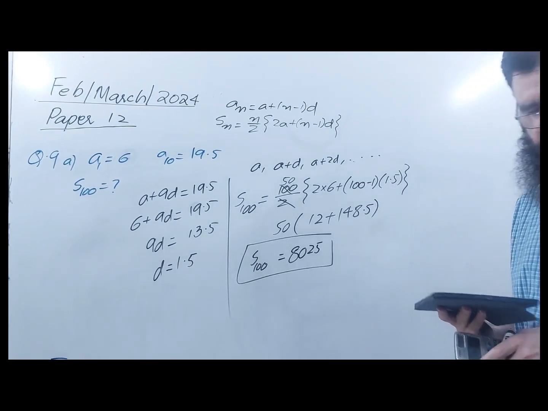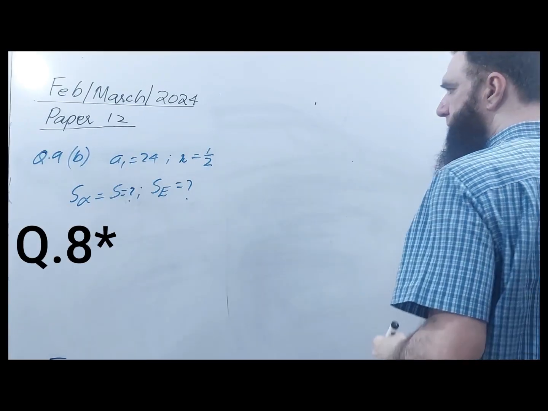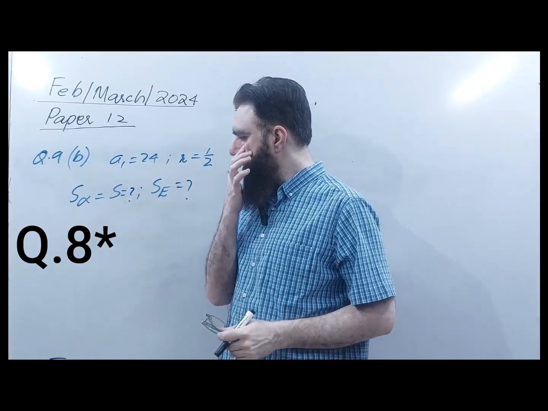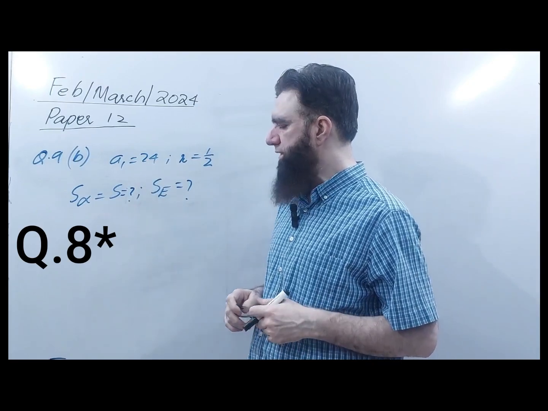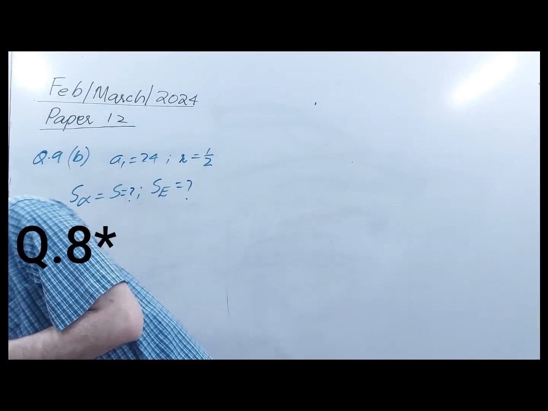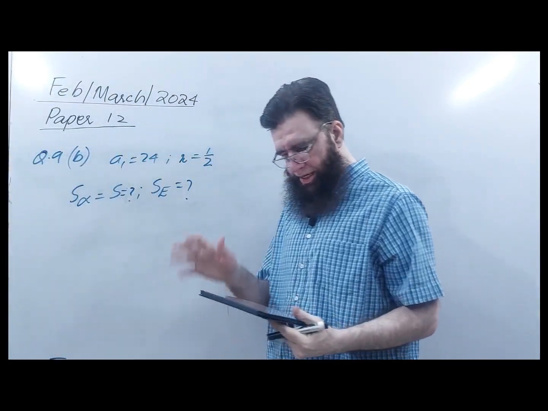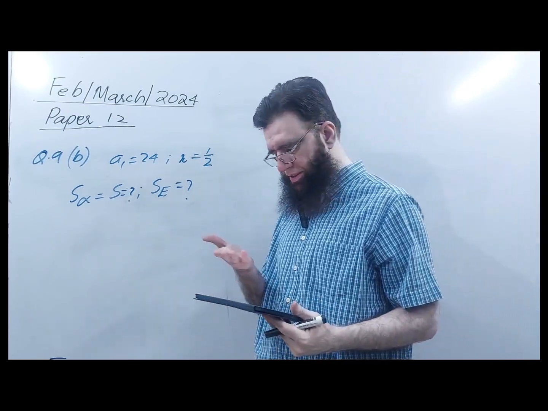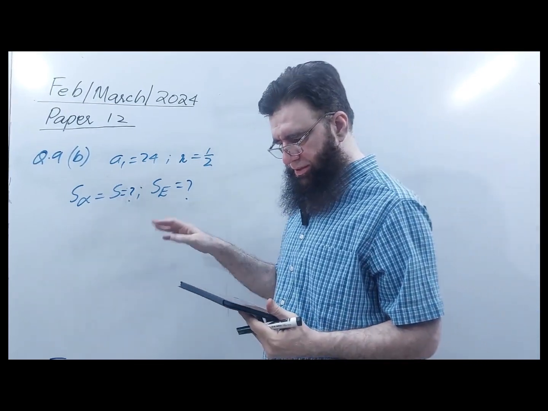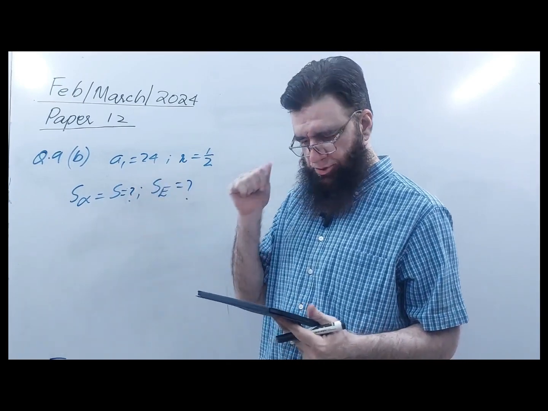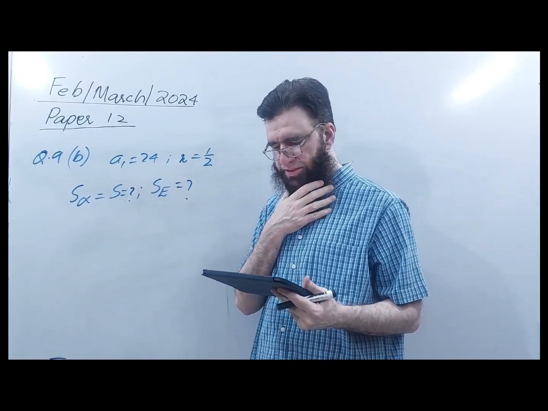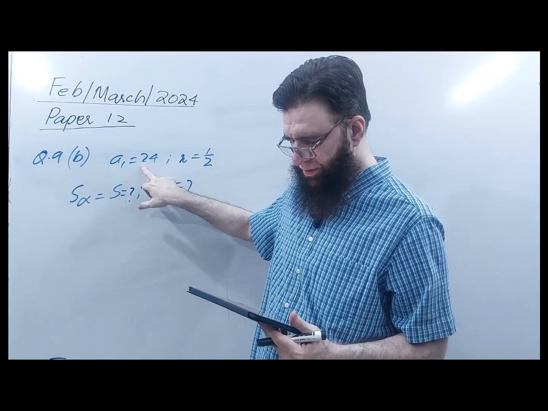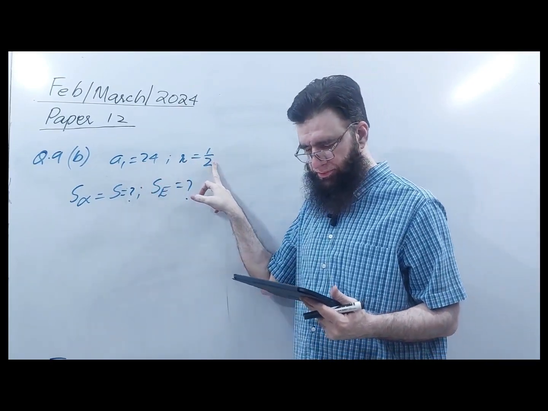Let me raise this first and we move to the second part. So in part B, question number 9, if you read the question, I read it for you: a geometric progression A1, A2, A3 is such that A1 is 24 and the common ratio is 1/2.